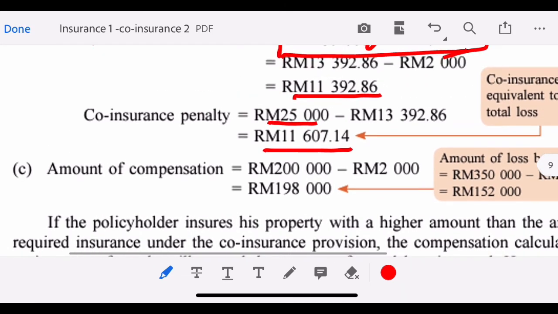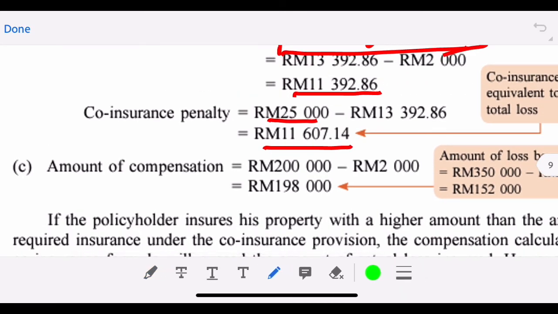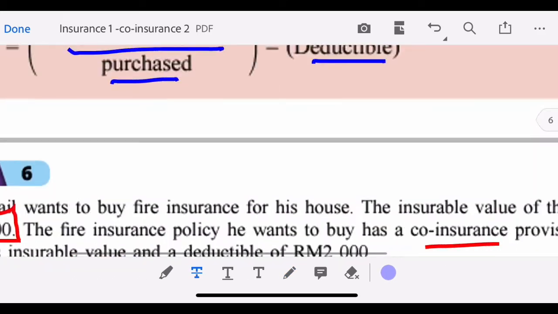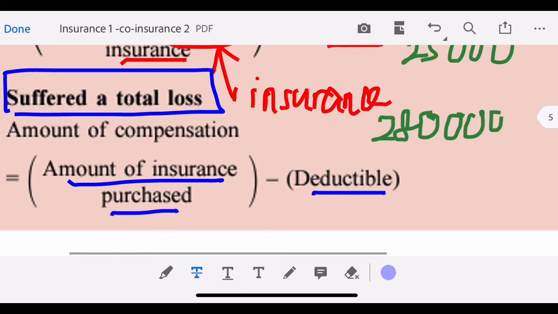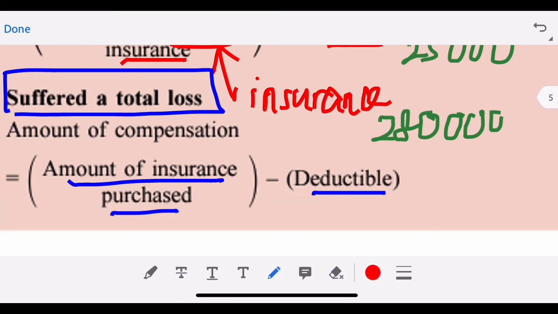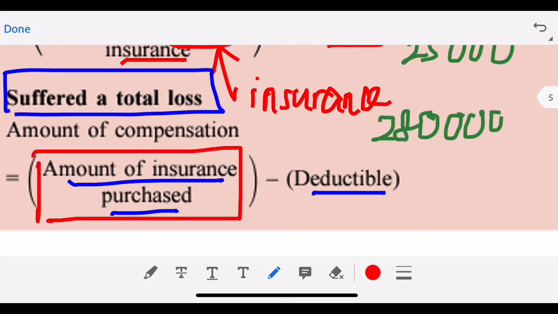Because of total loss, let's see number 3: if total loss, the way to calculate is different. We will take the amount of insurance purchased minus the deductible, right?